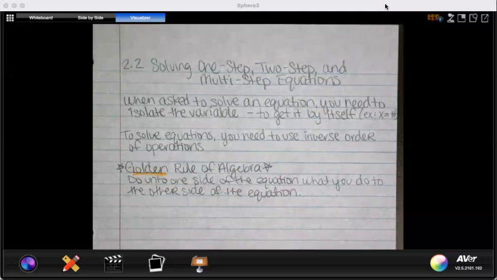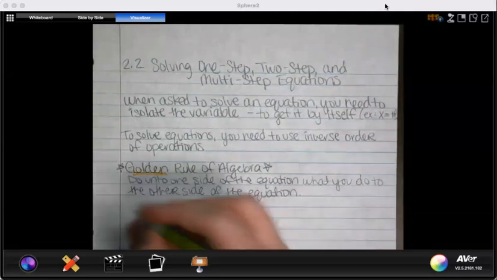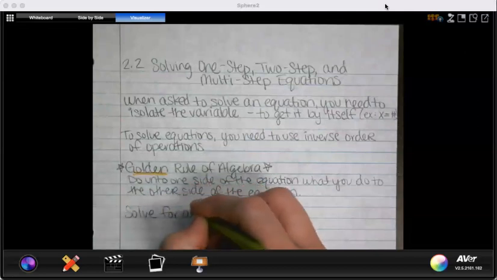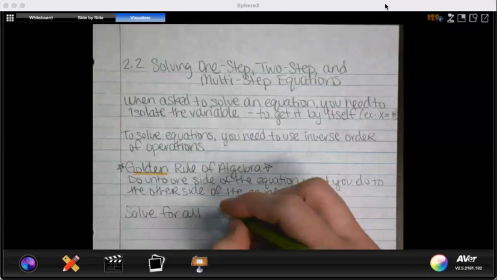Okay. So we're going to go ahead and get started on working through problems. The instructions that you are going to follow are to solve for all the following.